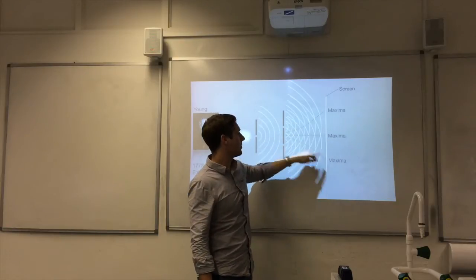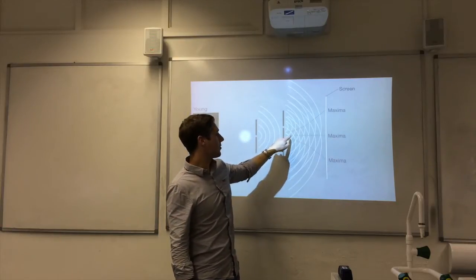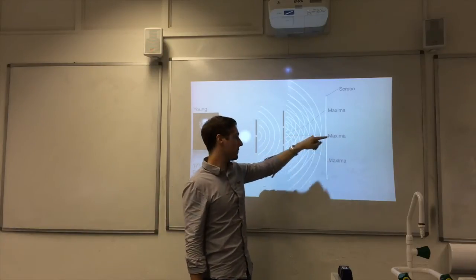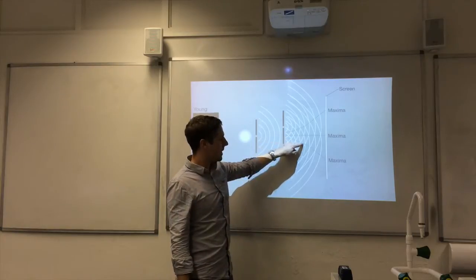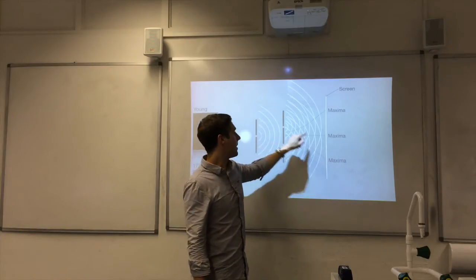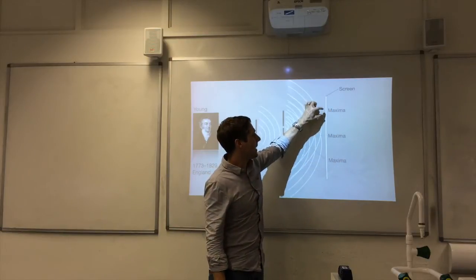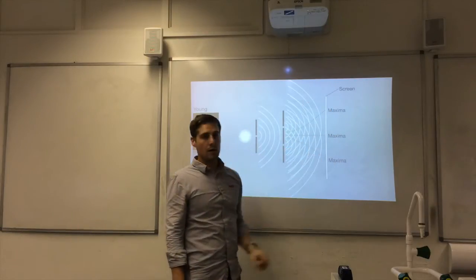So these are the maximums where my two wavefronts are crossing, two troughs, two peaks, two troughs, and so on. So we get this whole line of constructive interference. We get another whole line of constructive interference there, and another whole line of constructive interference there. So what we're going to get here are bright spots on the screen.